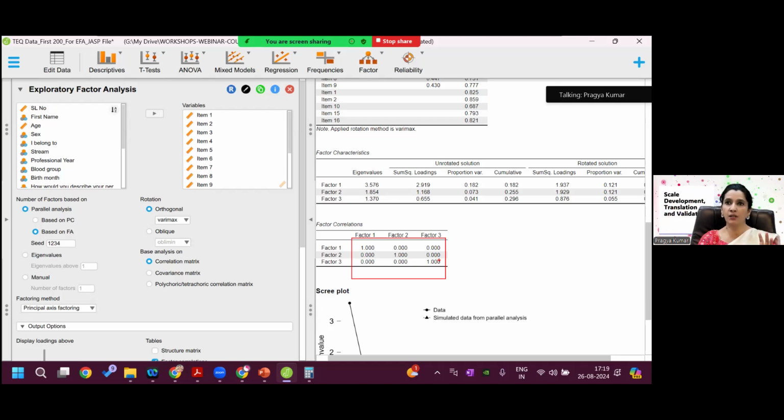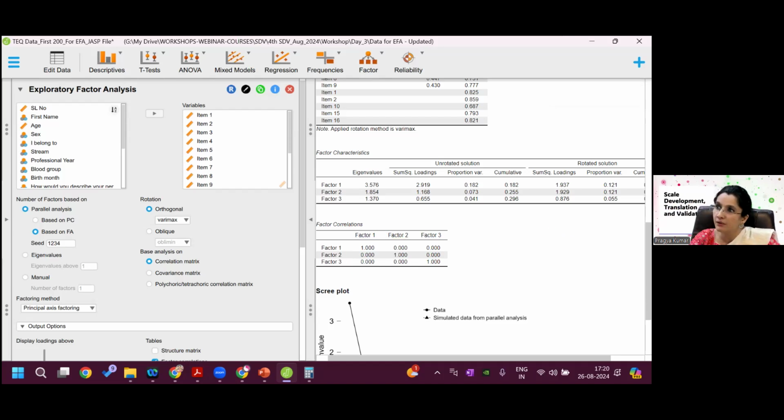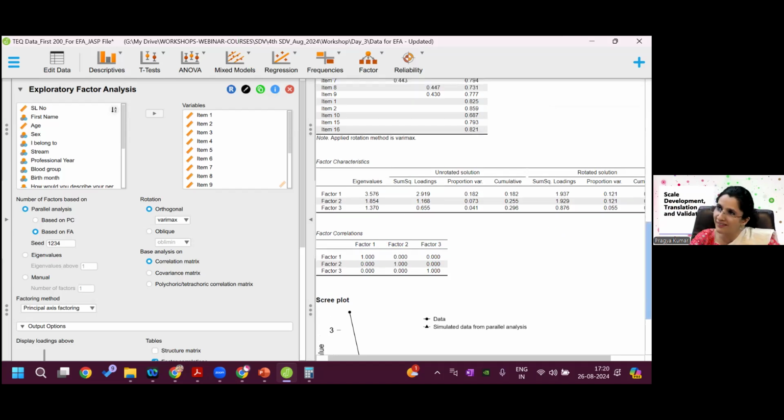Have you understood up till this point? If yes, I think we will start with the breakout room activity. No, tomorrow, I'm not saying today. Don't worry.